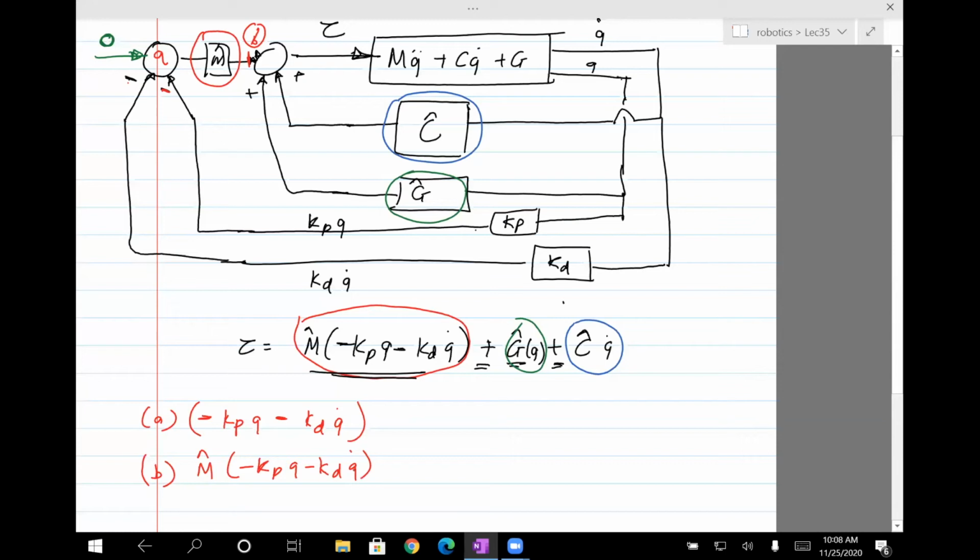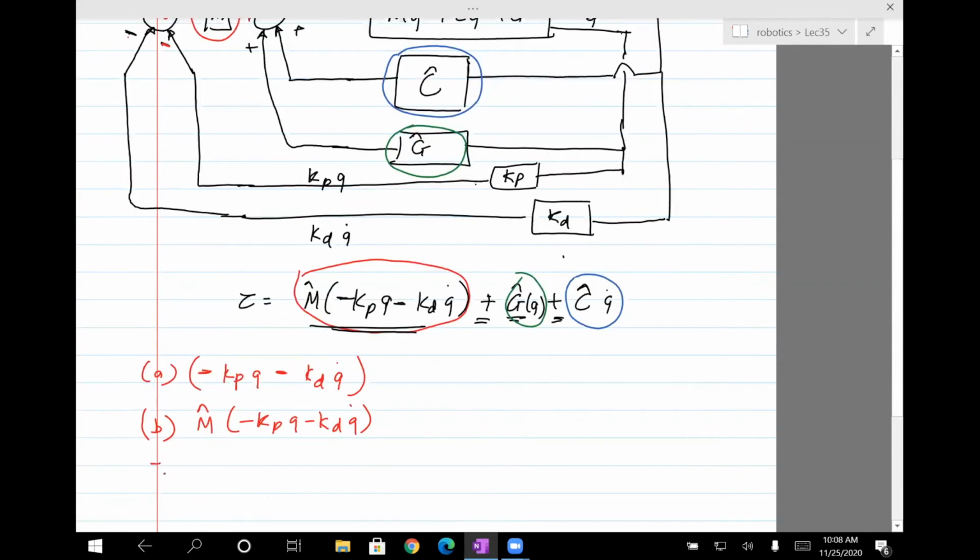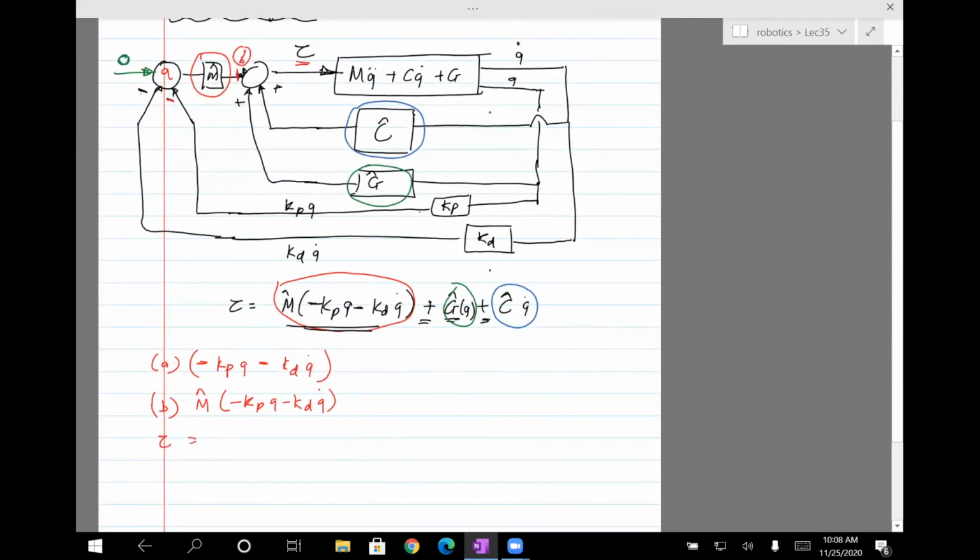And then at C, the torque is really a summation of C times Q dot, G, which is a function of Q, and this part in B. So M times Kp Q minus Kd Q dot, which is the same expression here, and that's how you interpret a block diagram.